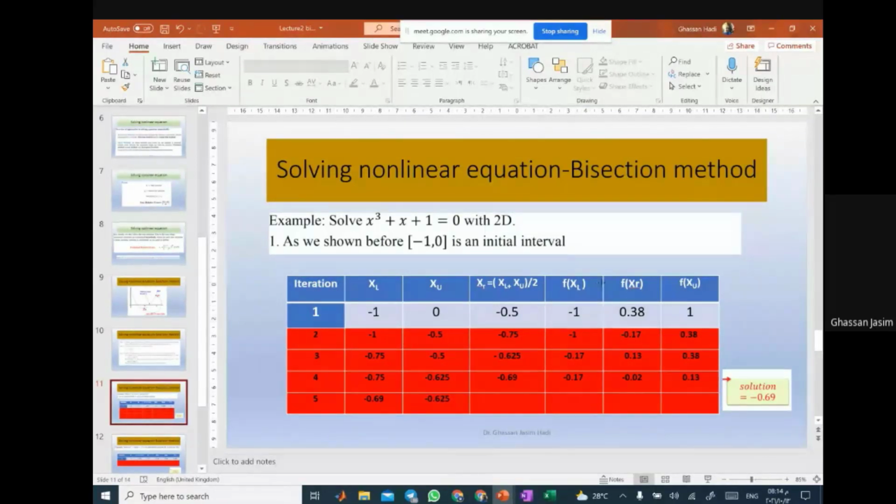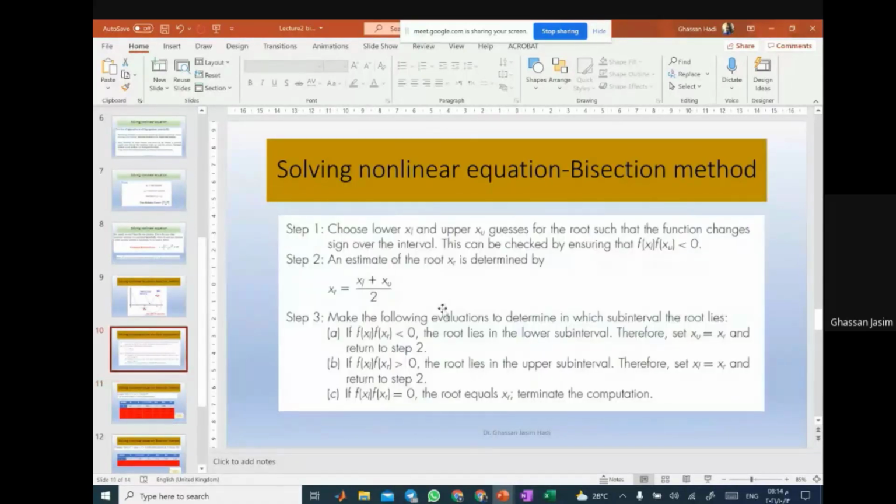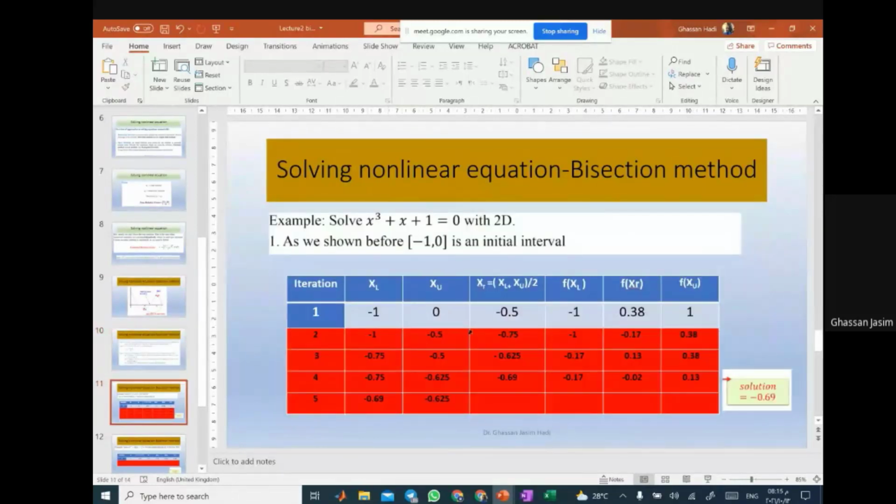And we made a table like this and just followed these steps to solve problems.